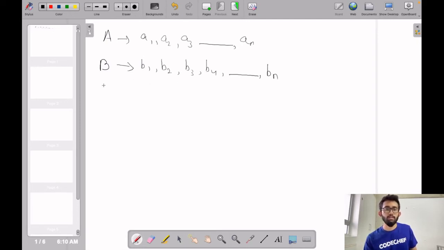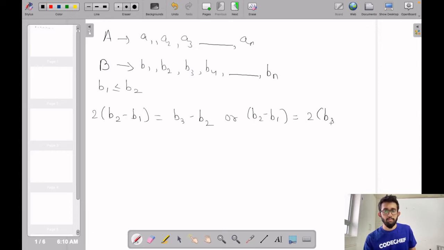So now let's just assume without the loss of generality that B1 is less than or equal to B2. So either one of these conditions should hold. If B1 is less than or equal to B2, B2 minus B1 is greater than or equal to 0.